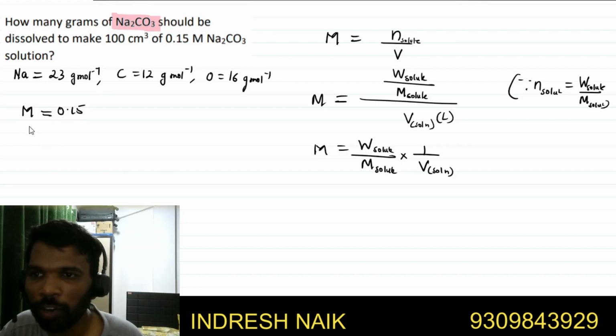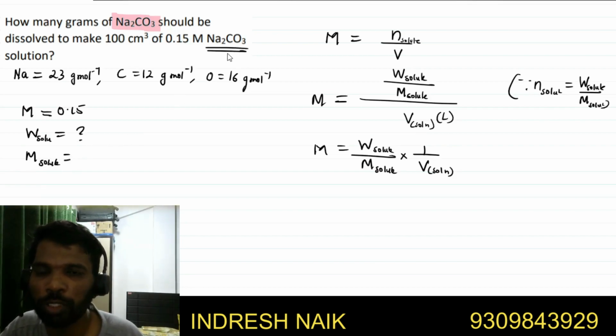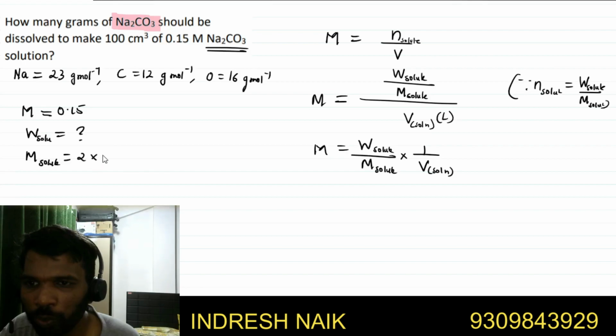Weight of the solute is what we need to find. Molar mass of the solute could be easily found out. For Na2CO3 it is 2 into 23 plus 12 plus 3 into 16.